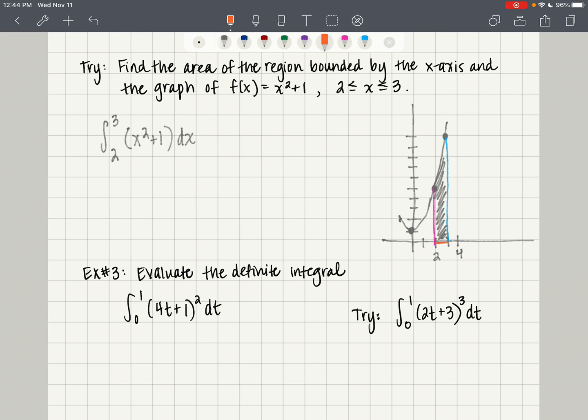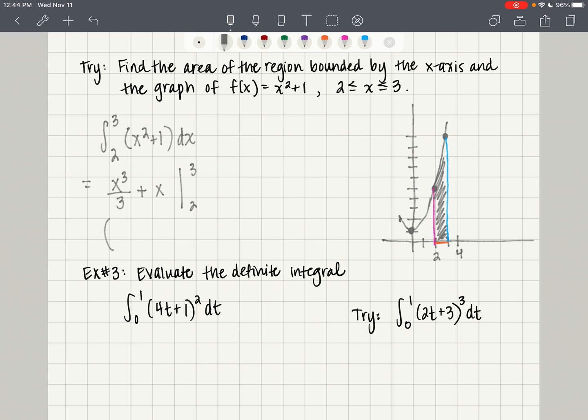Here's our x-axis from 2 to 3. But using calculus, this is going to equal x cubed over 3 plus x evaluated from 2 to 3.